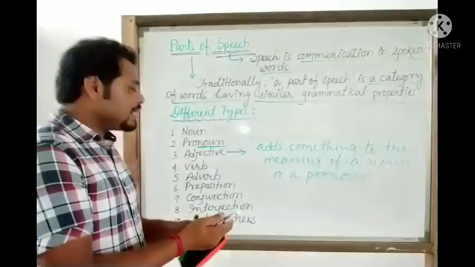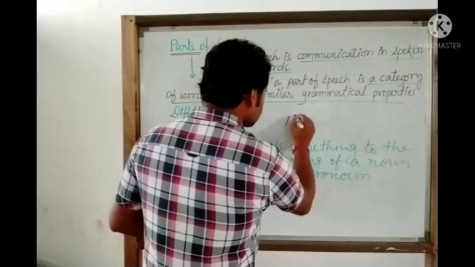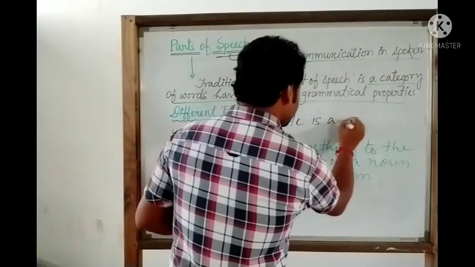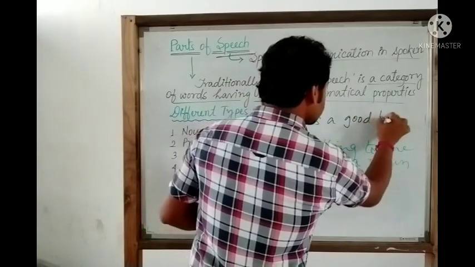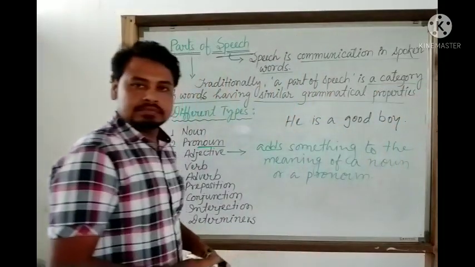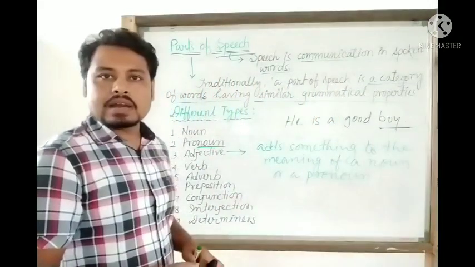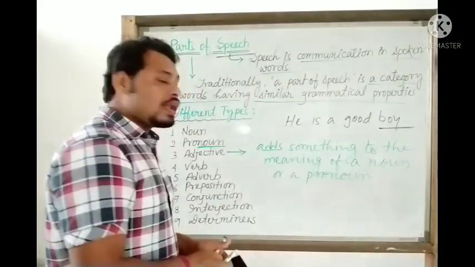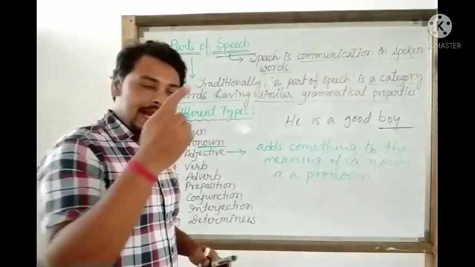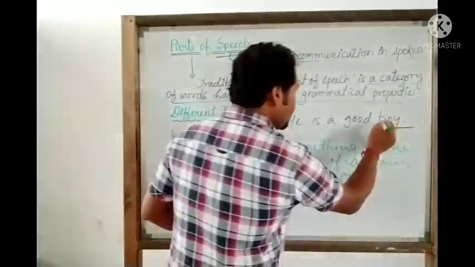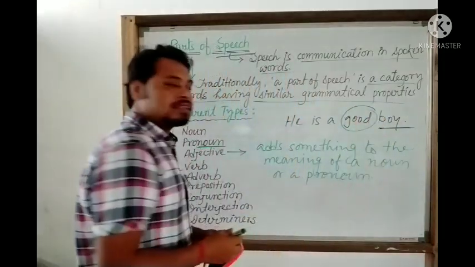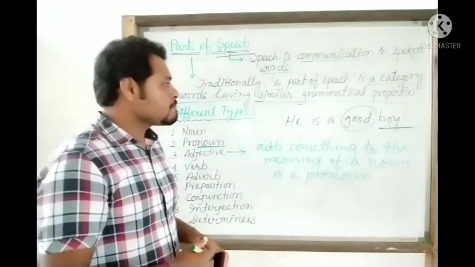Now let us take an example. He is a good boy. Now this boy is a noun because this is the name of a class. To qualify this boy, that means to add something to the meaning of this boy, we are using another word just before the boy.